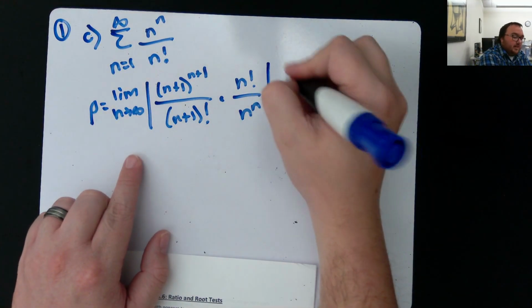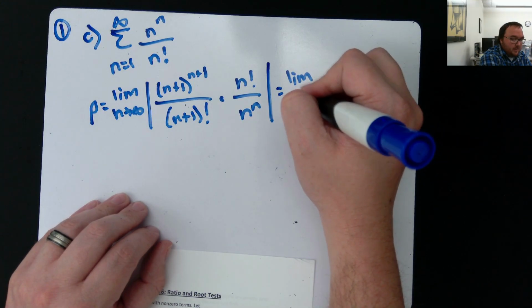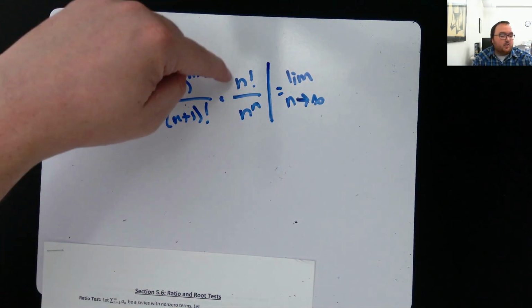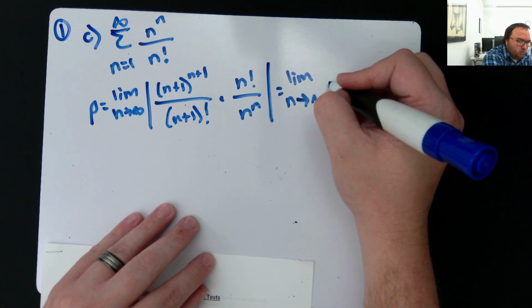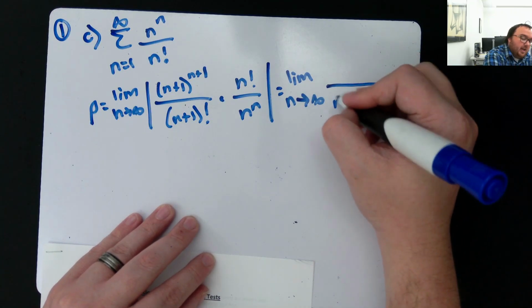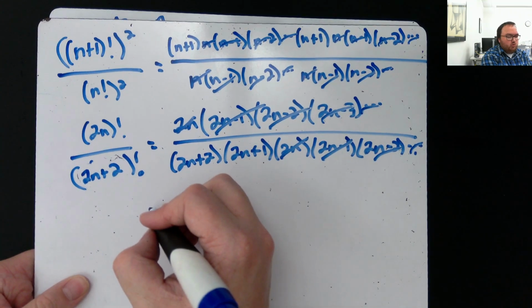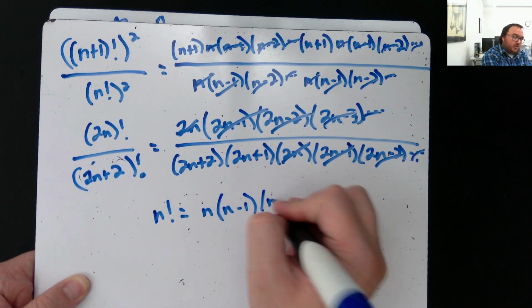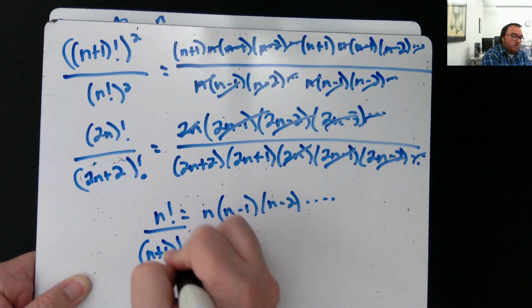So that's going to be, if I simplify it, the absolute values, I don't really need them here because everything's already positive. What I do see though is that n factorial over (n+1) factorial is going to end up being 1 over (n+1). We did that a while ago, right? Because n factorial is n times (n-1) times (n-2), on and on, over (n+1) factorial.